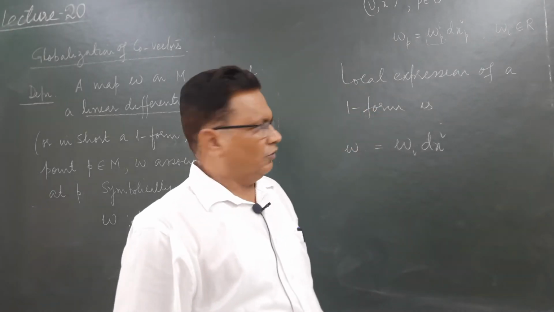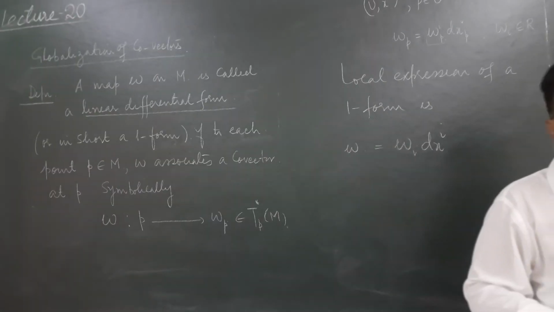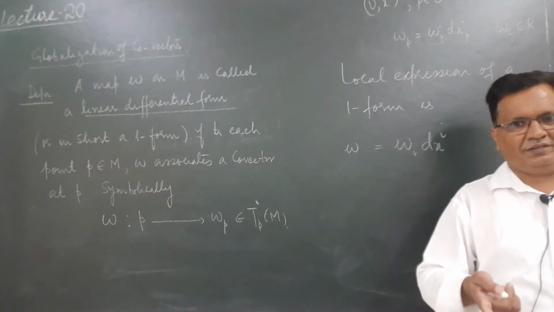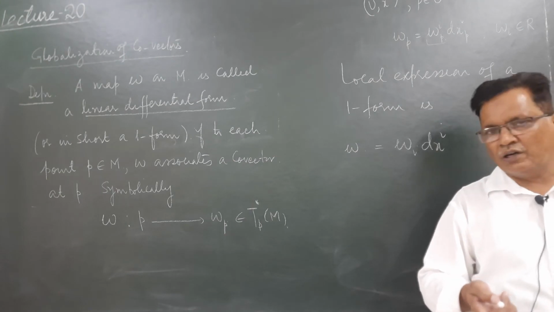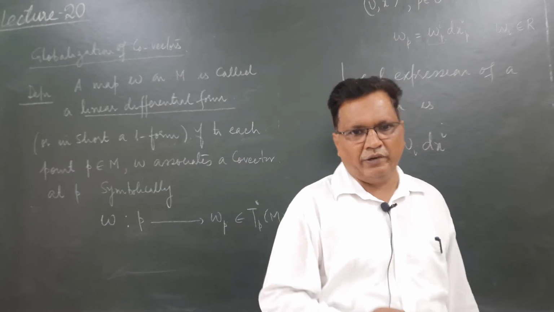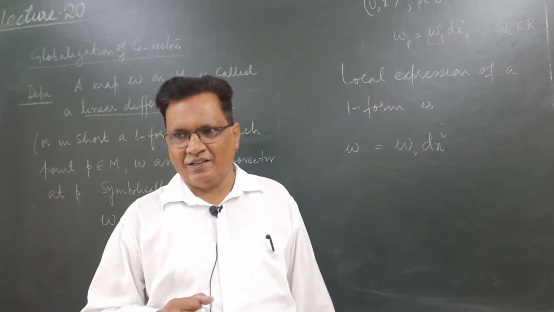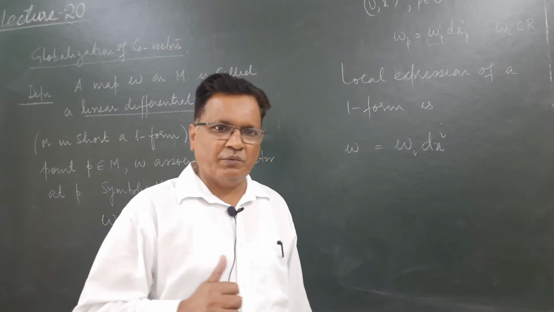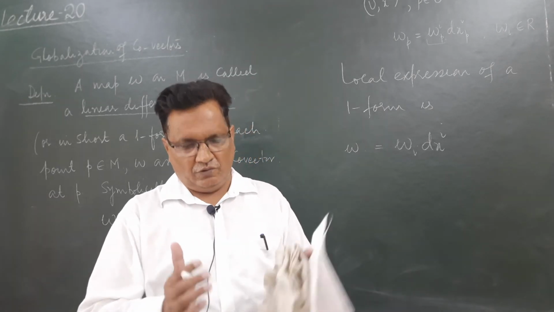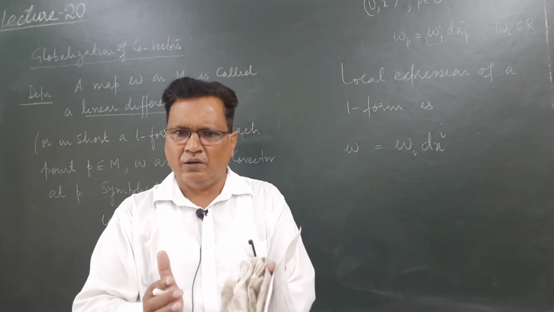ठीक है. So once you get hold of a local expression of a globally defined one form, I can talk of coordinate transformation. अगर मैं fixed one form की बात करता at a point, तो transformation will not make sense. Is it right? So now transformation makes sense when you are dealing with a global object. उसका local expression इस neighborhood में ये है, दूसरी neighborhood में क्या होगा.